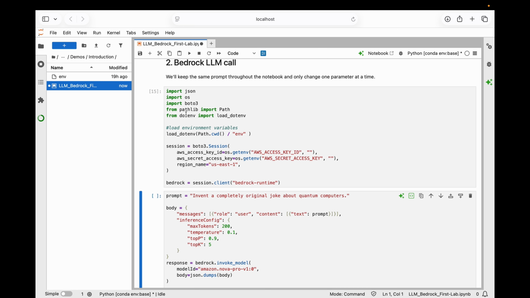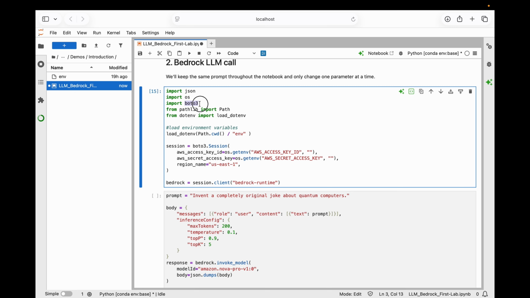So here in this cell, I am installing Boto3, which is the Python SDK for invoking AWS services through code. And then I'm setting programmatic access to the AWS account by setting the access key and secret access key. We will create a client for interacting with the Bedrock service.